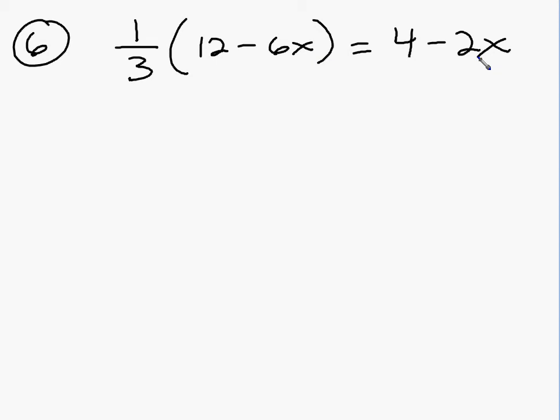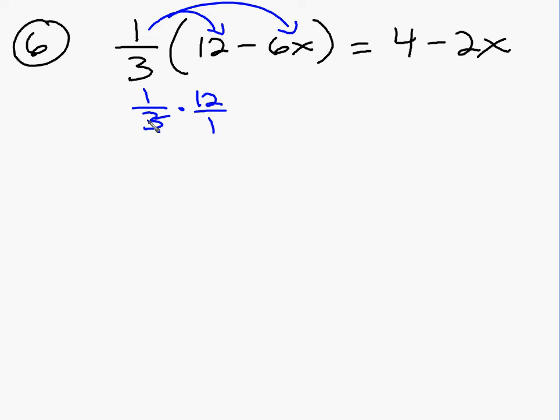Now, the first thing you notice is that I have the distributive property on the left-hand side. So I need to do distributive property, 1/3 times 12 and 1/3 times 6x. Now that's not as hard as what you think.